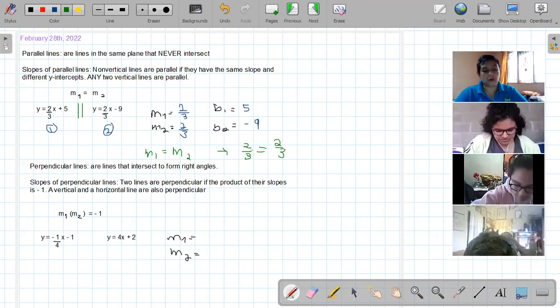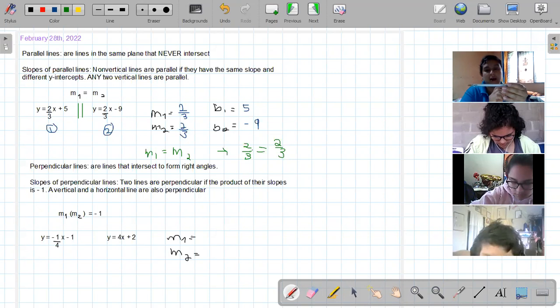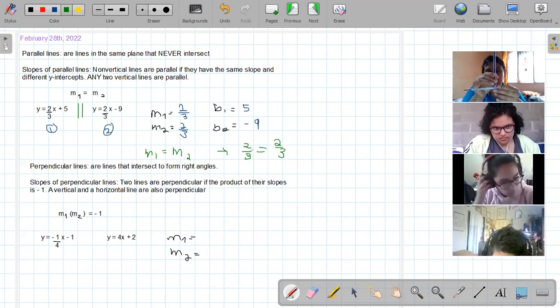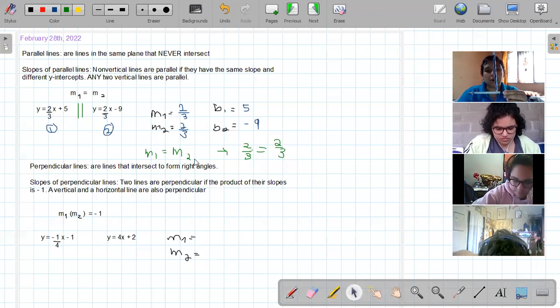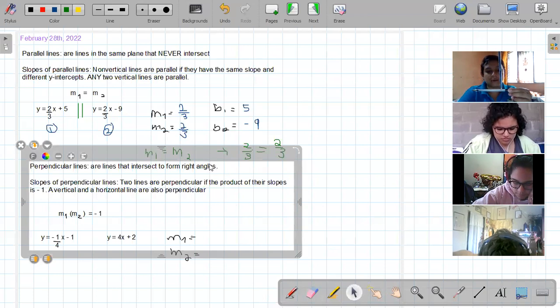A right angle, or un ángulo recto, is an angle that's like that. Está recto. Un ángulo recto es esto. That means that it has 90 degrees. A right angle is an angle that has 90 degrees.